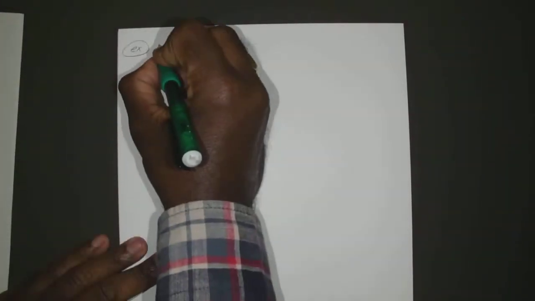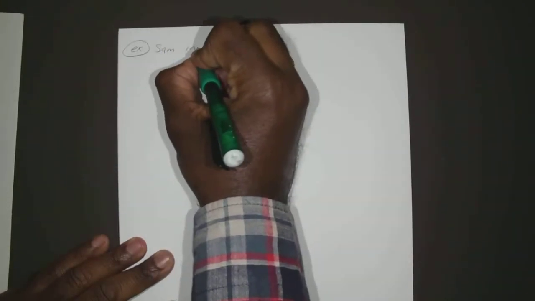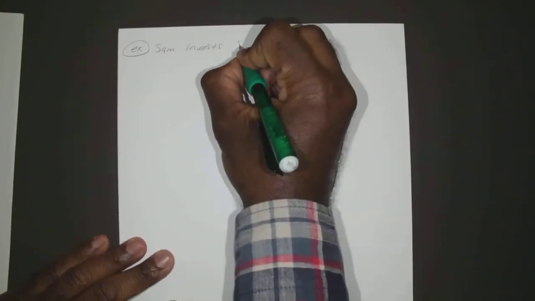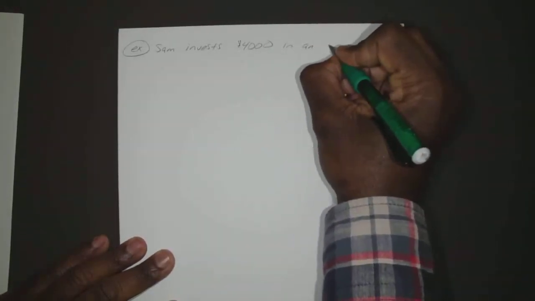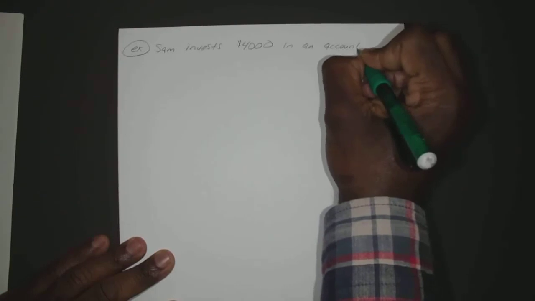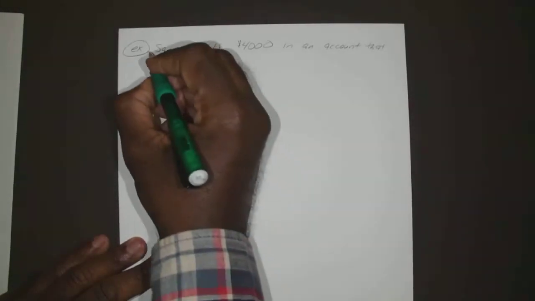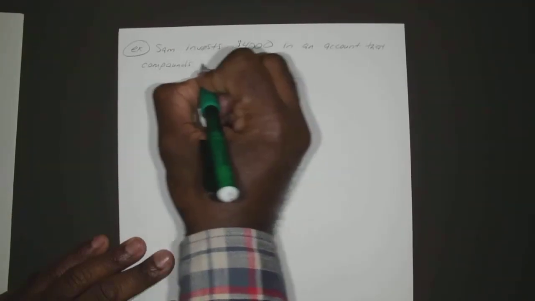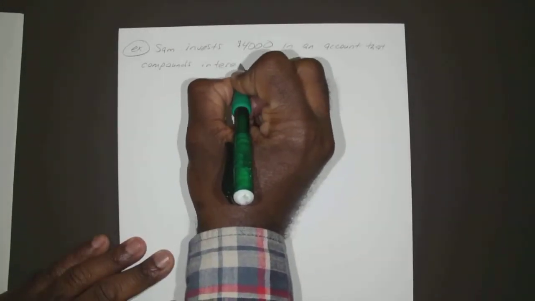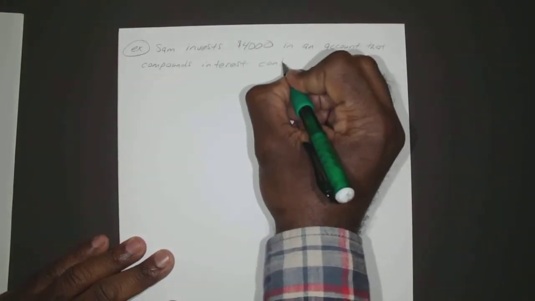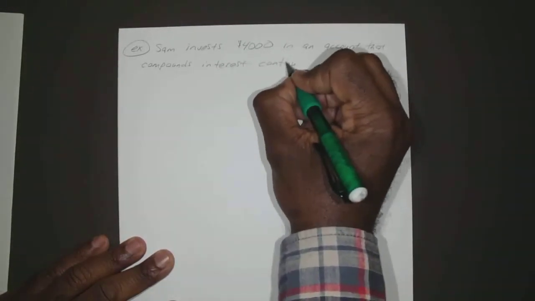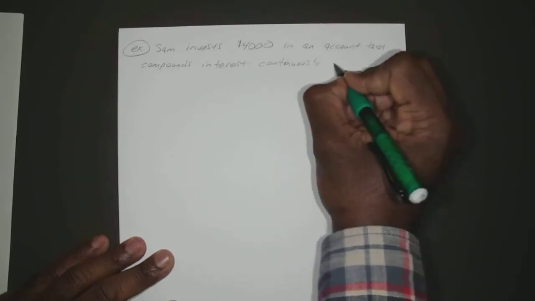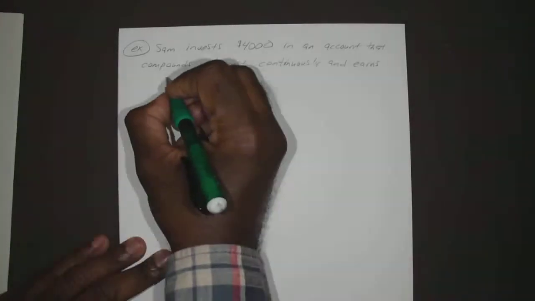Okay, so for our next example, let's say Sam invests $4,000 in an account that compounds interest continuously and earns 5.5% interest.